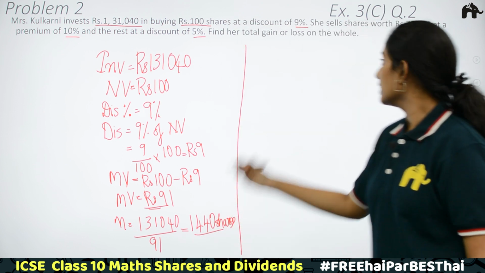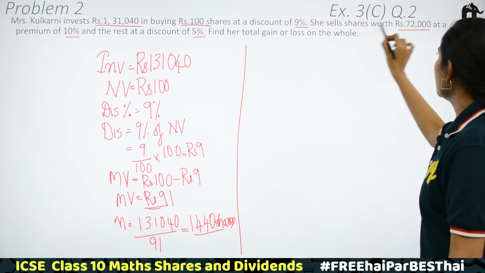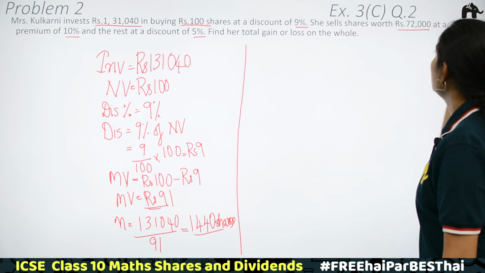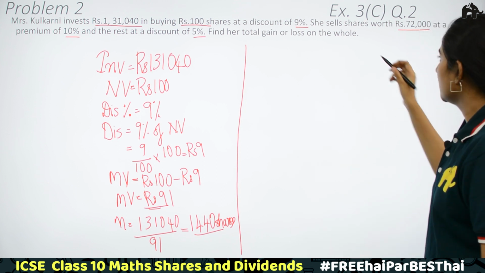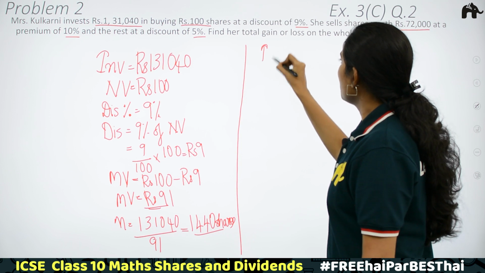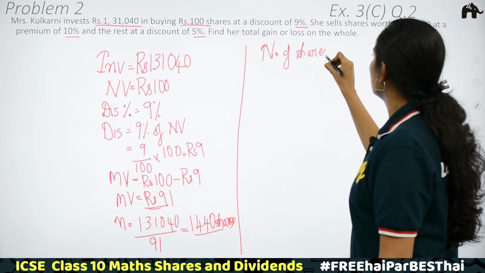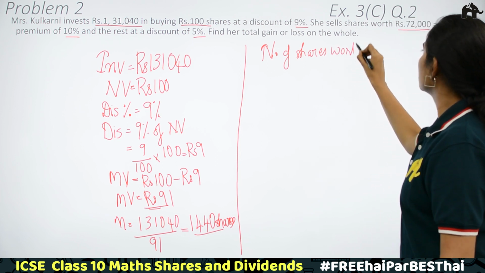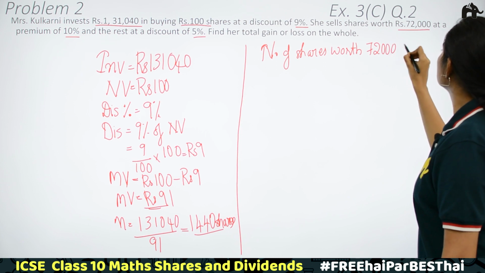Here, let's move on to the second part of the question. She sells shares worth rupees 72,000 at a premium of 10%. Number of shares worth 72,000.